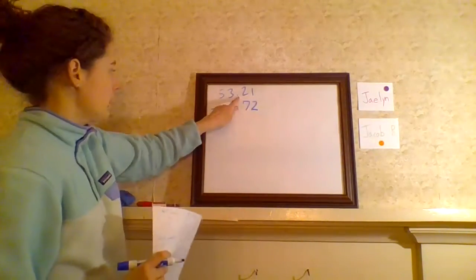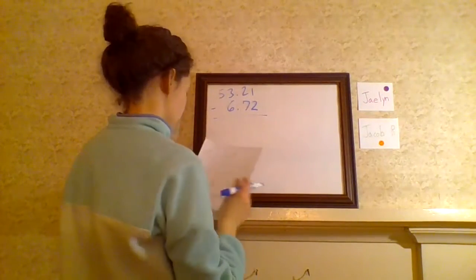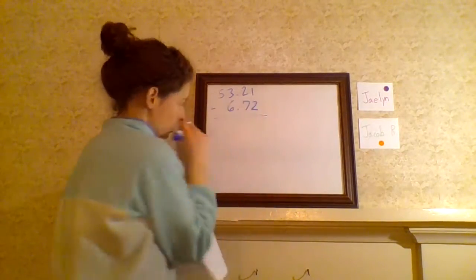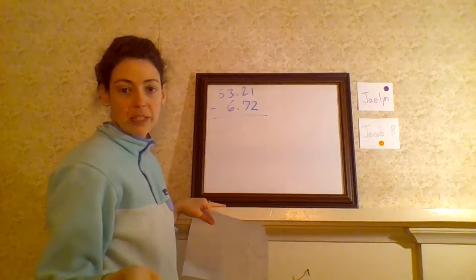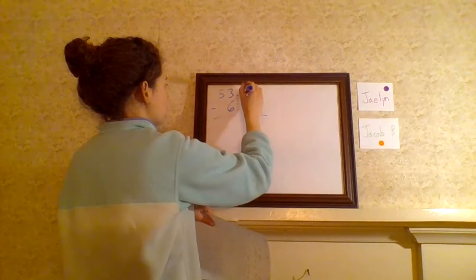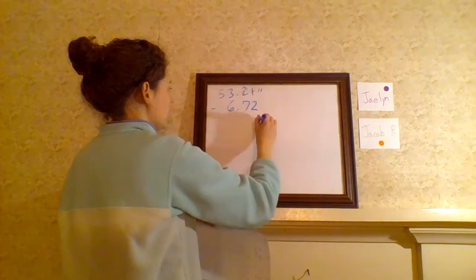So see how we line up these decimals right in the same place, and then we subtract as if the decimal isn't there. So 1 minus 2. So this is the same problem that you'll run into in subtraction, whether there's a decimal or not. So just do what you'd normally do. Borrow from your neighbor. Okay, so this 2 will become a 1. This becomes an 11. 11 minus 2 is 9.